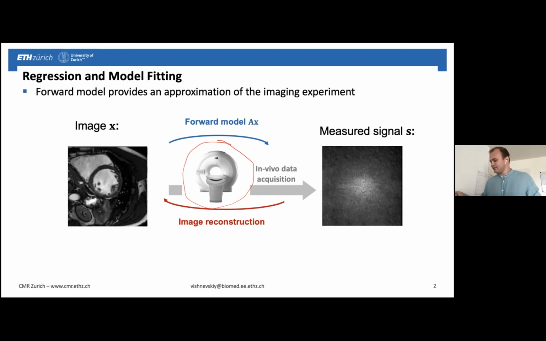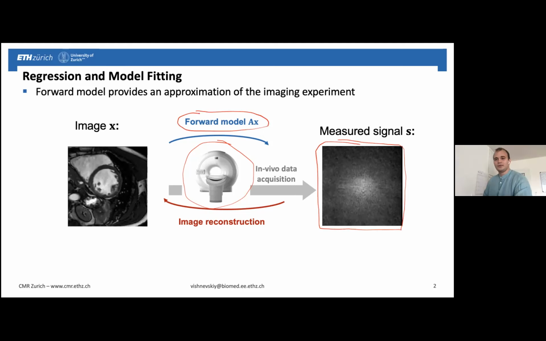The measurement signal, in case of MRI, is called the K-space, and it is the data that we gather from the scanner. The people who designed this experiment, the physicists, their main aim is to provide the forward image synthesis model, so to model the physical acquisition process.